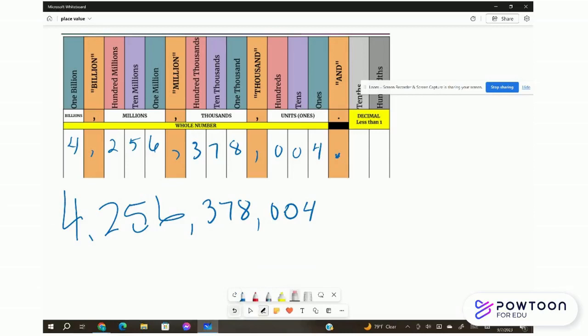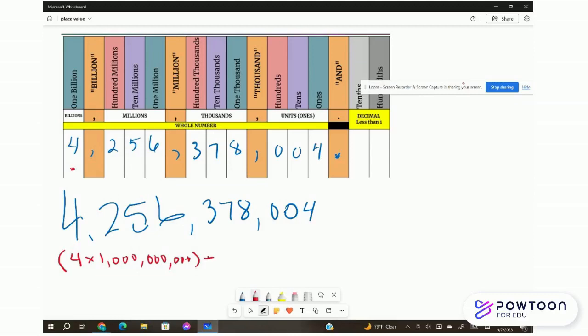So if I were to write it in expanded notation, all I have to do is separate it by the place value. So we have the 4, which is the digit, and then we say times 1 billion. Because 4 times 1 billion is 4 billion, and that matches what is in the problem.